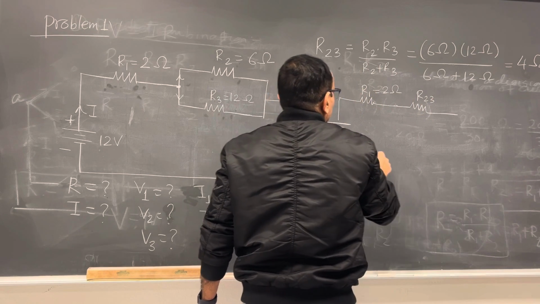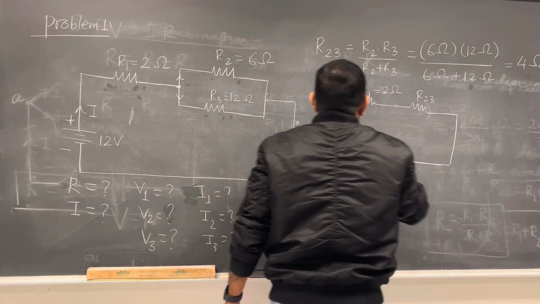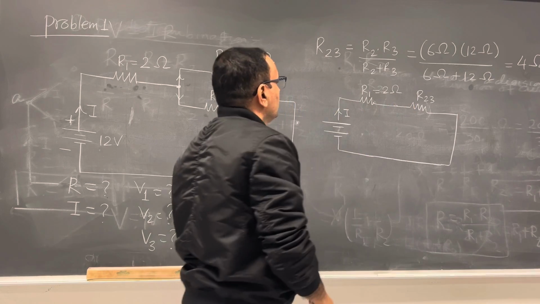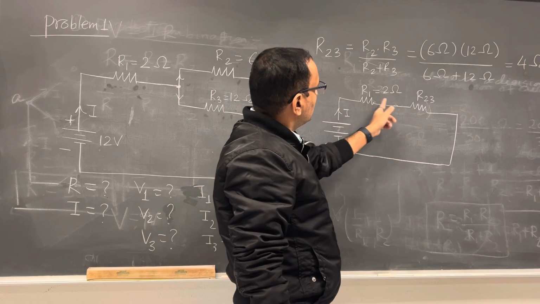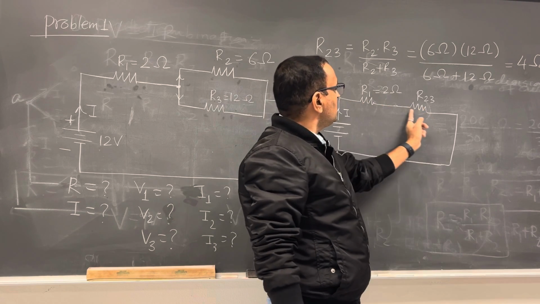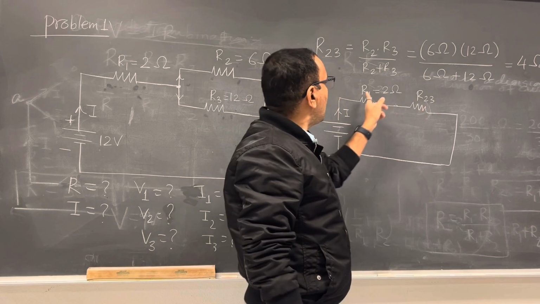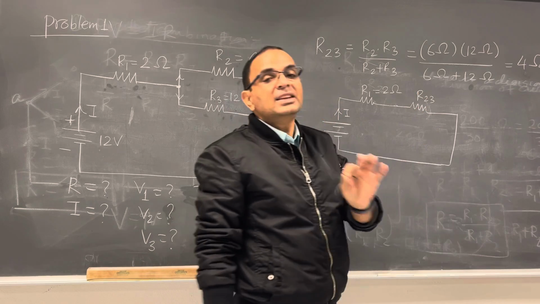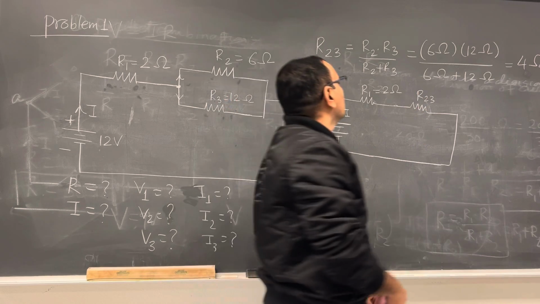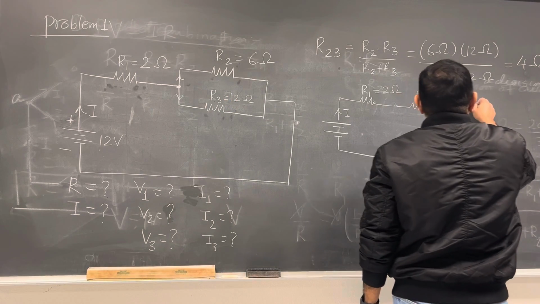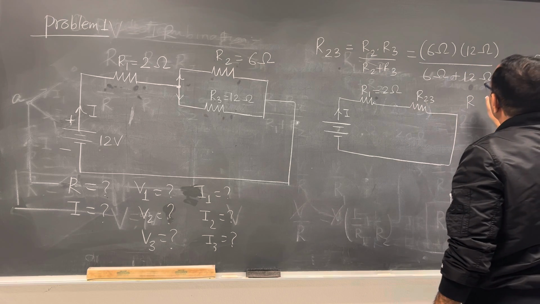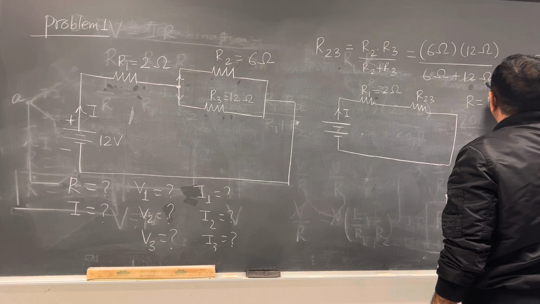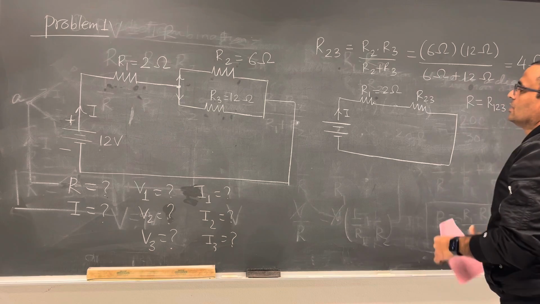Now look at this. There is a current I. If this current is passing through here, R1 and R23, there is no division here now. This means R1 and R23 are in series. So we can calculate the total resistance of the circuit, which is R1 plus R23. Let me call the total resistance R123.